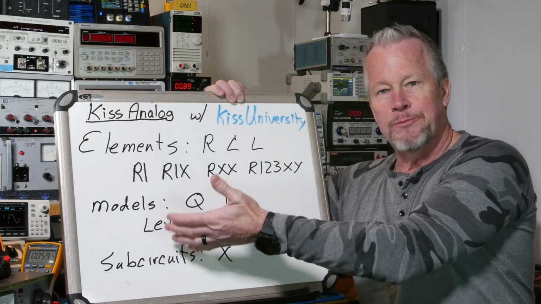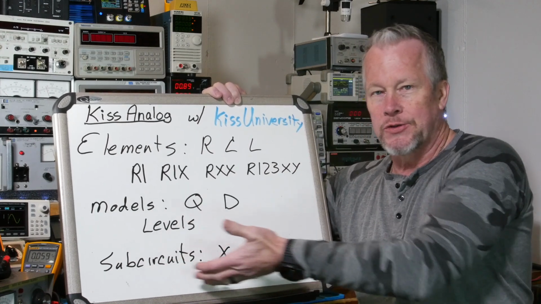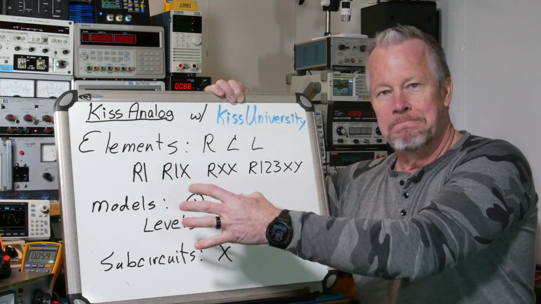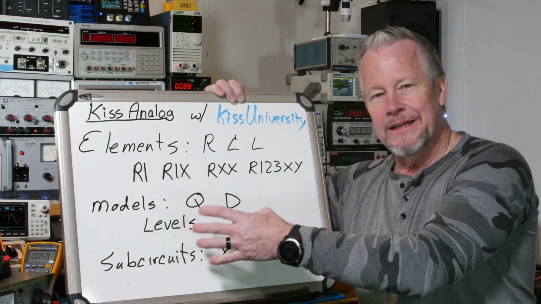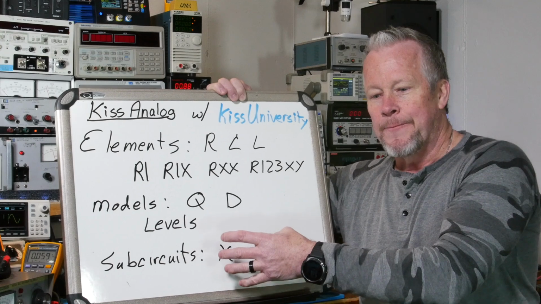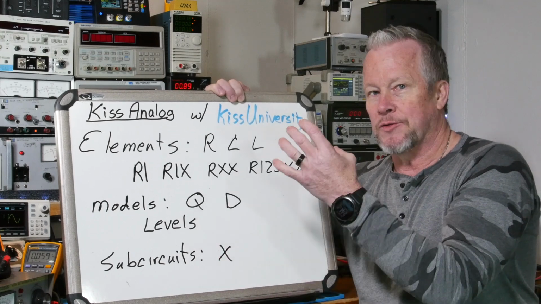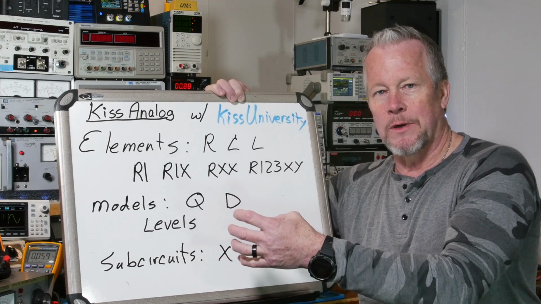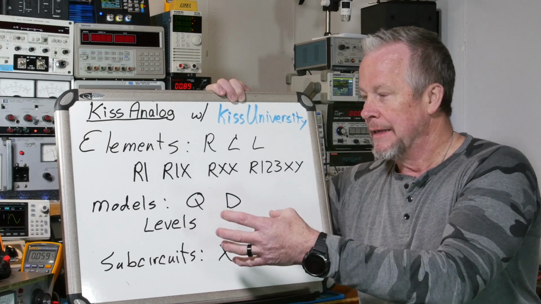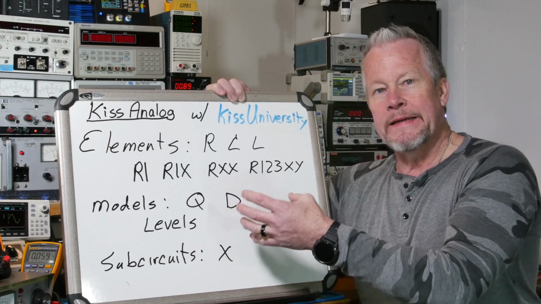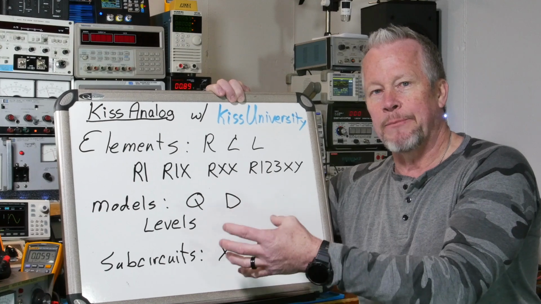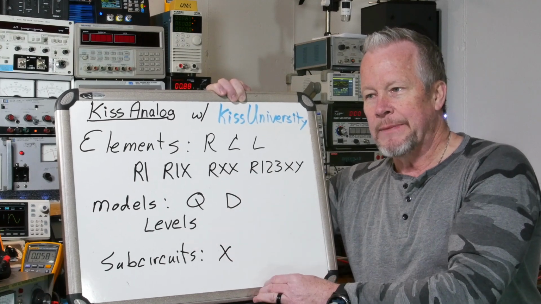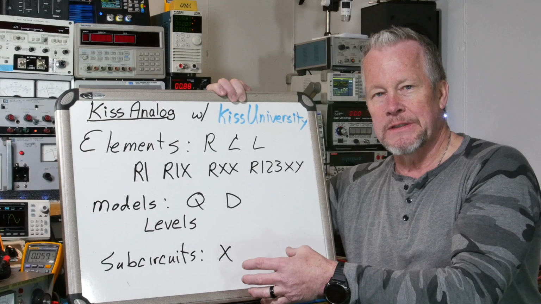Another thing I should have put down here as a list is your voltage sources, because that's another necessary part of your circuit. And the voltage sources can be an independent voltage source, like a 12 volt battery, 12 volt DC source, called a battery if you want. That would be called an independent voltage source. And then there can be dependent voltage sources.